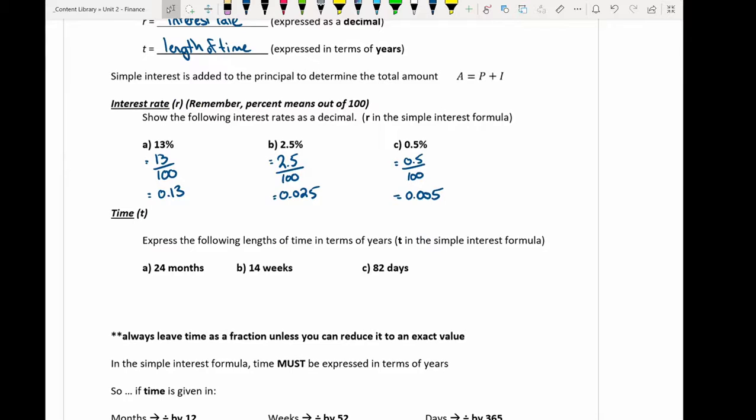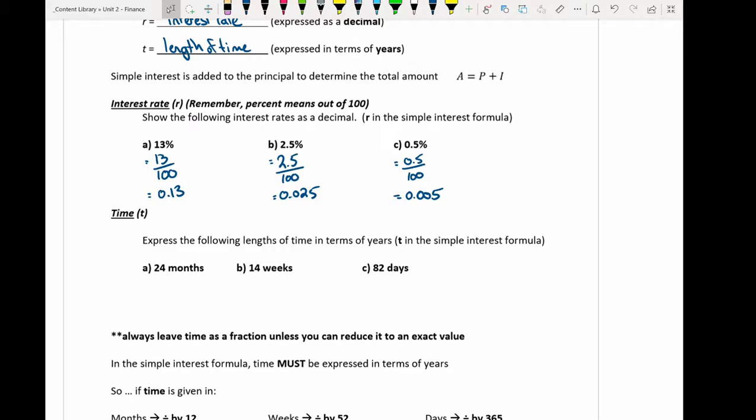As well with time, the time in the formula is expressed in terms of years, but we know that we don't always express time in years. Right? It could be months, weeks, or days. So depending on what the question gives us, we need to convert from whatever term or measurement we're given to years. We do that by dividing.